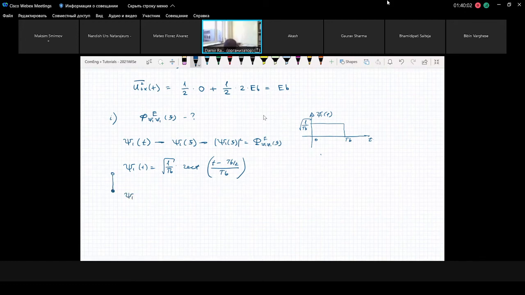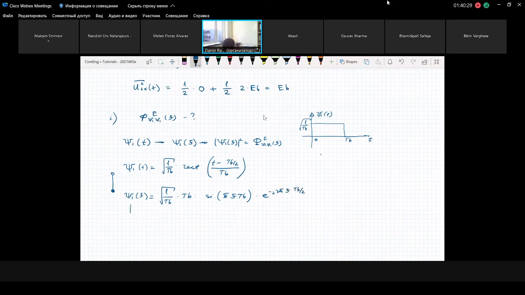We get psi1 of f equals 1 over square root of TB times TB times sinc of pi f TB, times the exponential term for the shift of each frequency component, exponential minus j 2 pi f TB/2.